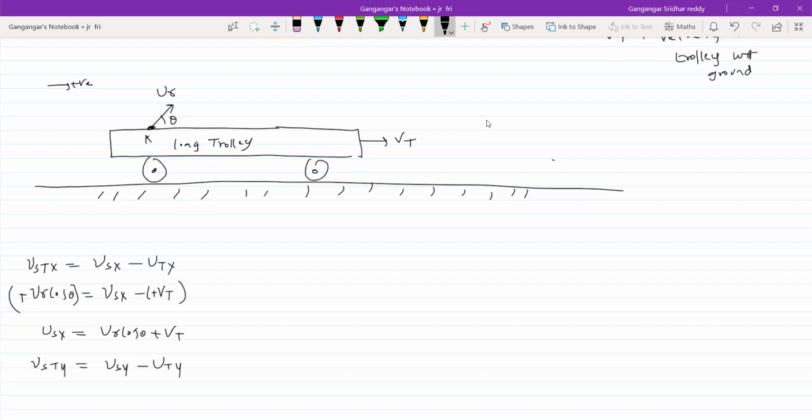How is the trolley moving? Suppose you are moving on a truck. How will the truck move? Along the road. Will it move vertically? Not possible, no? So this will be 0. And this is how much? UR sine theta. So USY is equal to UR sine theta. I think these values are going to help us a lot.